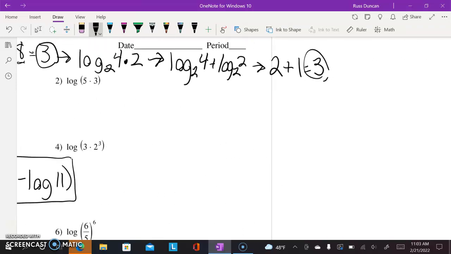So first, let's do division. Let's say I had log base 2 of 4. We should know that that's 2.